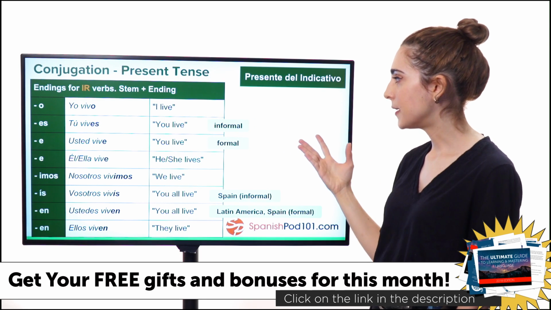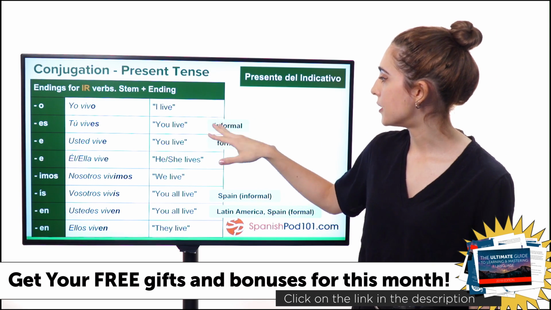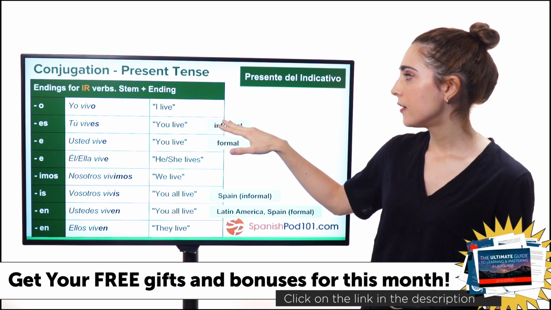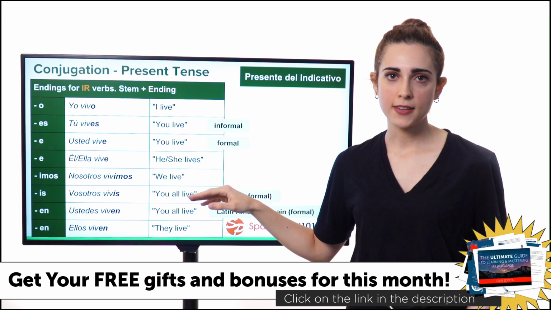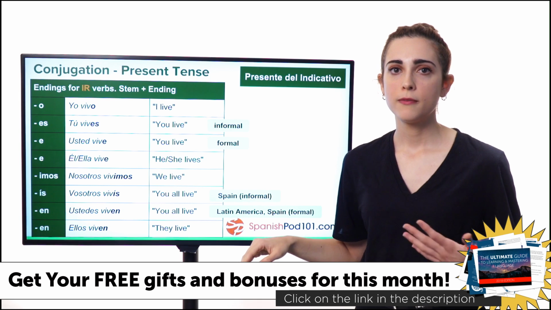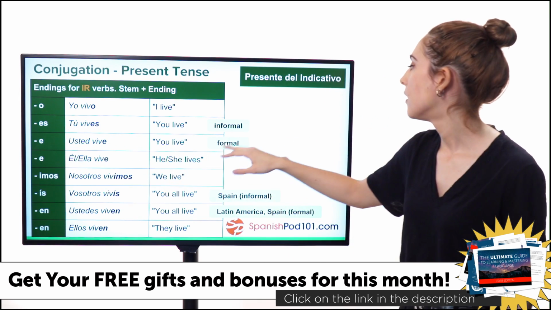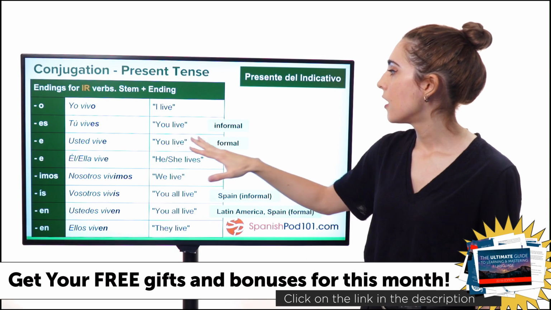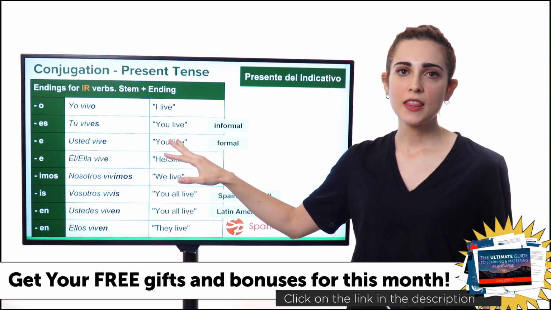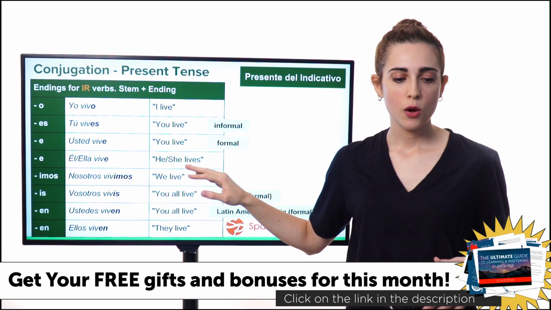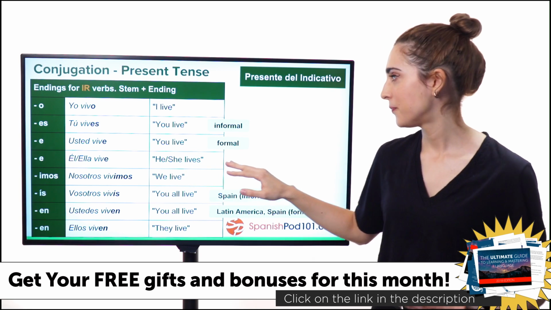For the informal second person of the singular, you live, tú vives. We add ES. For the formal one, usted vive.